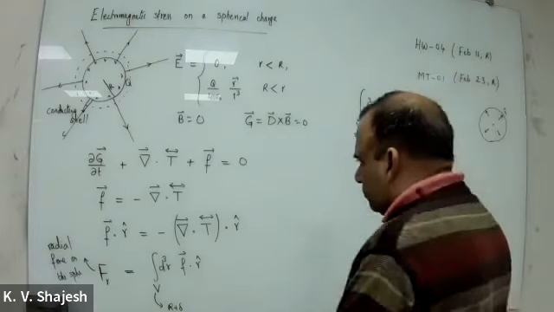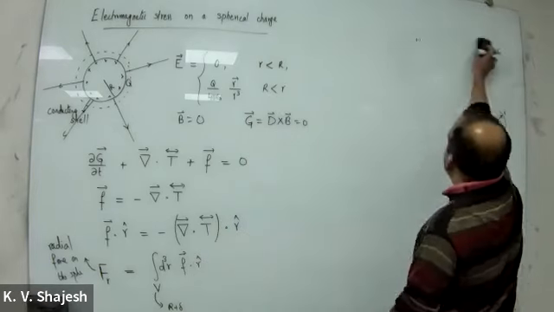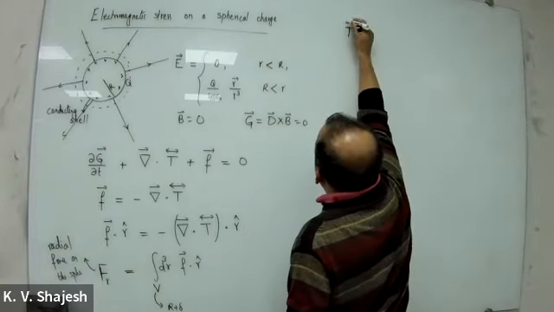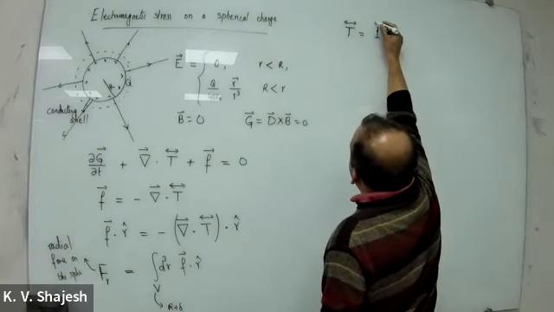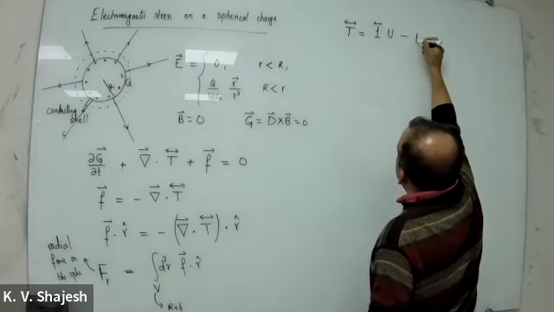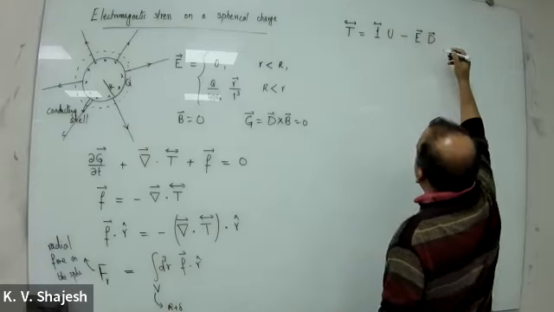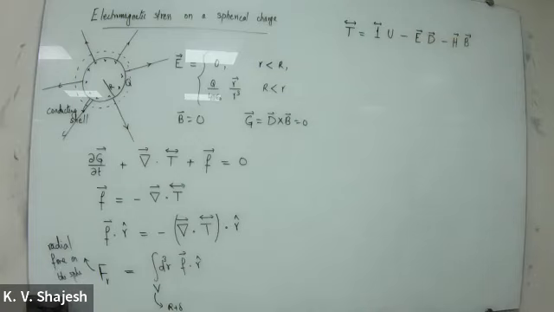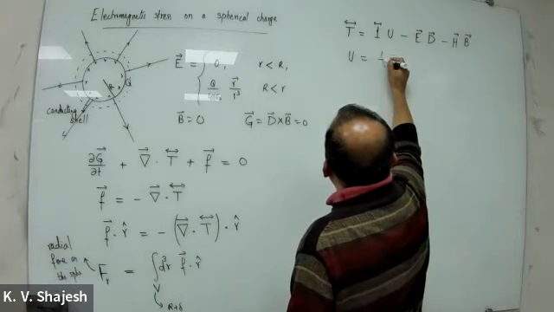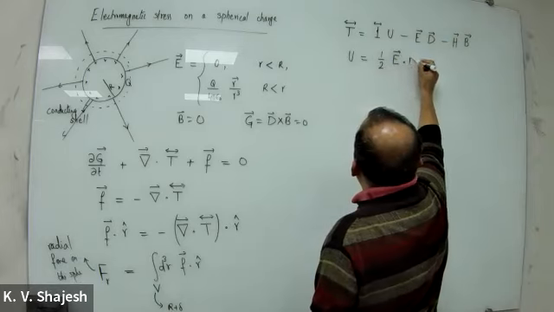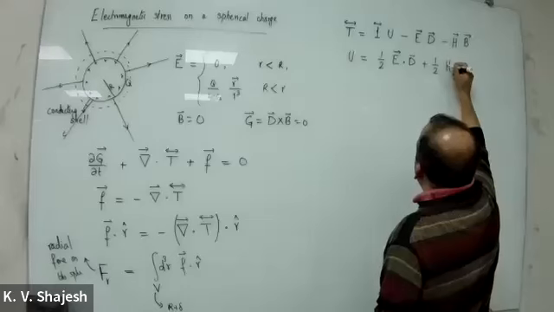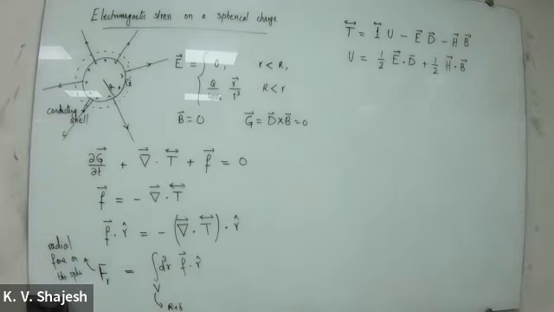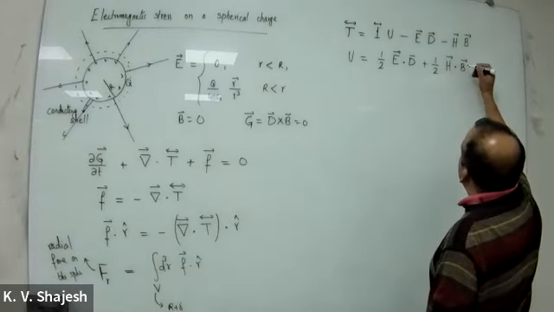So let's come to the right hand side. Remember, I should clarify that T is equal to a unit dyadic times U minus E times D minus H times B, where U is equal to half E dotted with D plus half H dotted with B. There is no magnetic field, so this term goes to zero, right?